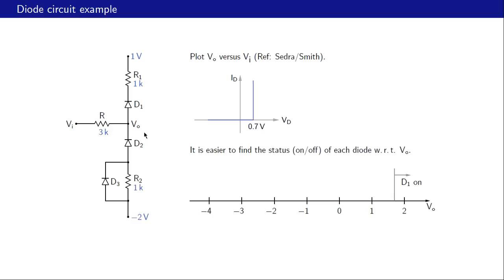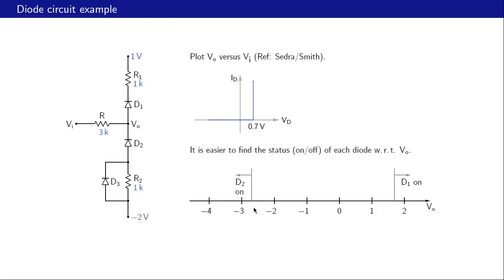So that means Vo must be minus 2.7 volts, and any value of Vo lower than minus 2.7 volts would also mean that D2 conducts. So that is indicated over here. This is minus 2.7 volts, and for Vo less than minus 2.7 volts, D2 conducts.